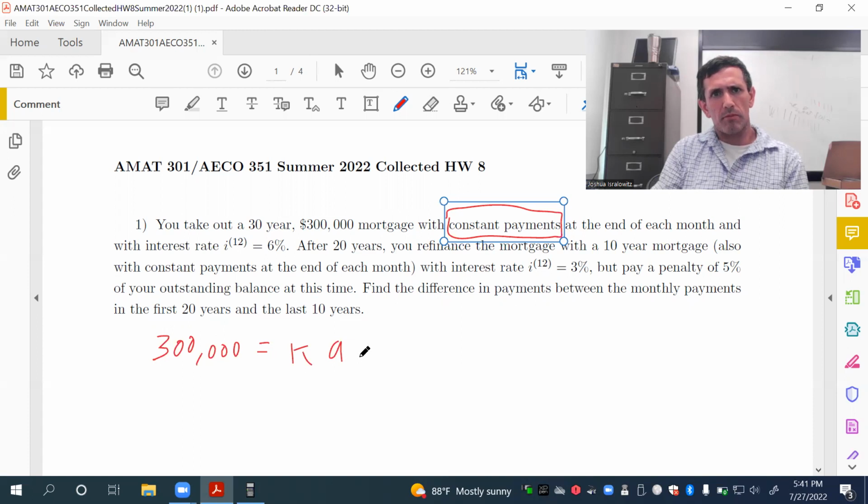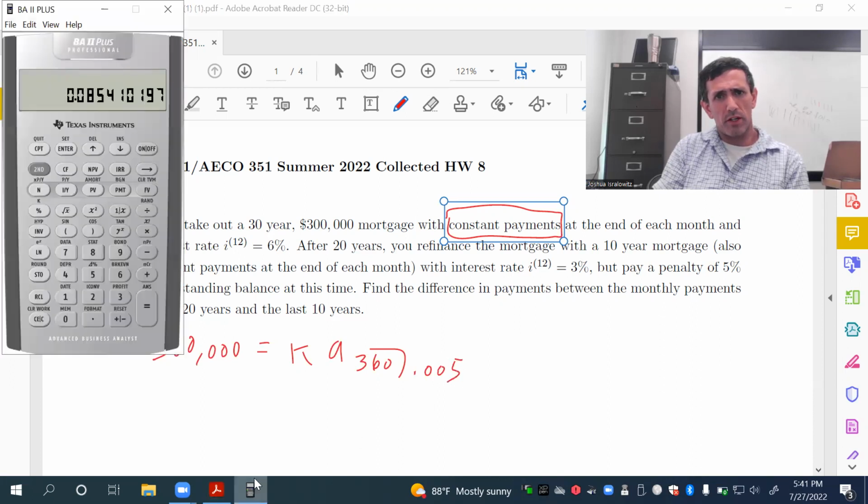So it's K. A. So 30 years of months is 360, 30 times 12. 360 payments. 0.06 over 12 is 0.005, or 0.5%.